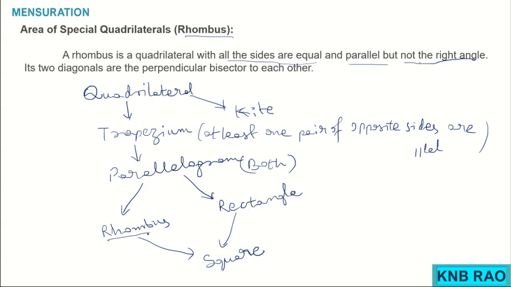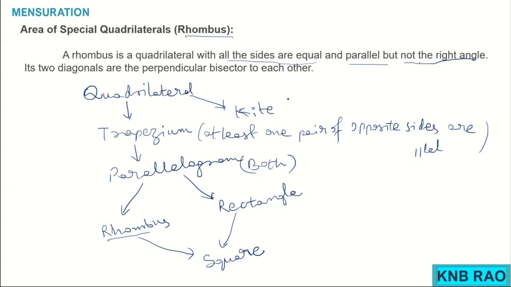And having adjacent sides equal, that property of a rhombus, and each angle a right angle, that property of a rectangle, put together gives a square, where in a square all sides are equal, diagonals are equal, and diagonals bisect at right angles, that means diagonals are perpendicular to each other in a square as well as in a rhombus, but diagonals are not perpendicular to each other in a rectangle.